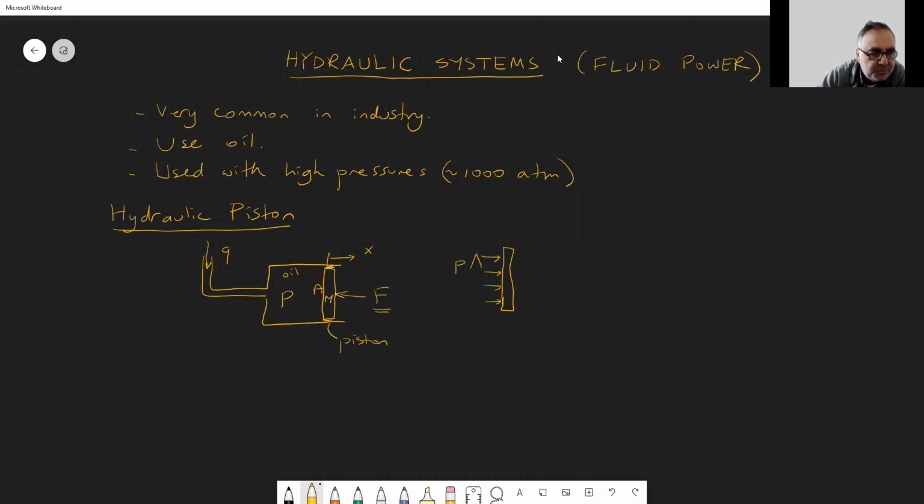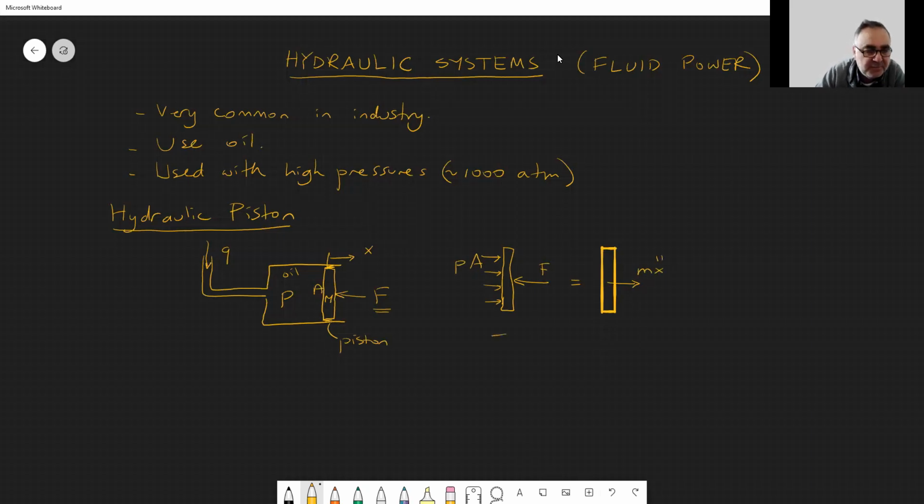There is the force of pressure times the area, and there is the external force F. Well, if the piston mass is negligible, you can set these equal to each other. But if the piston mass is not negligible, in that case, you should write m x double dot.